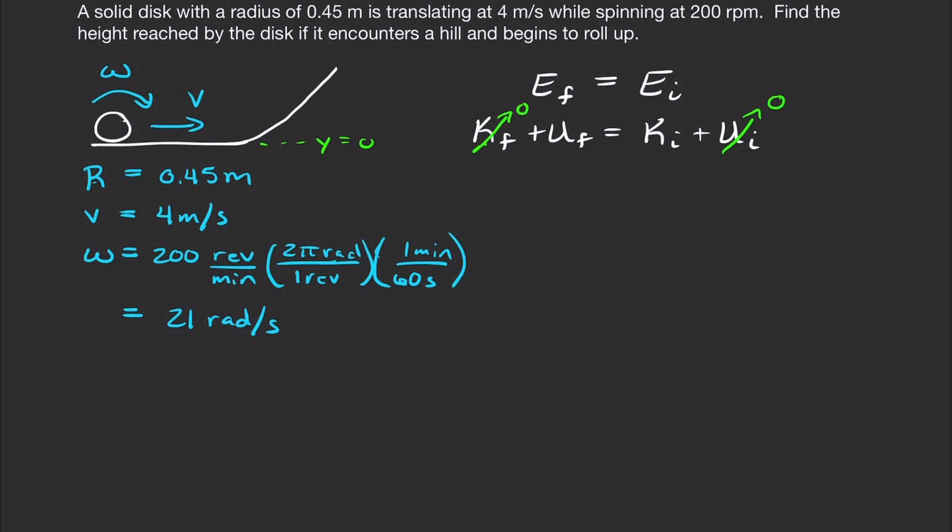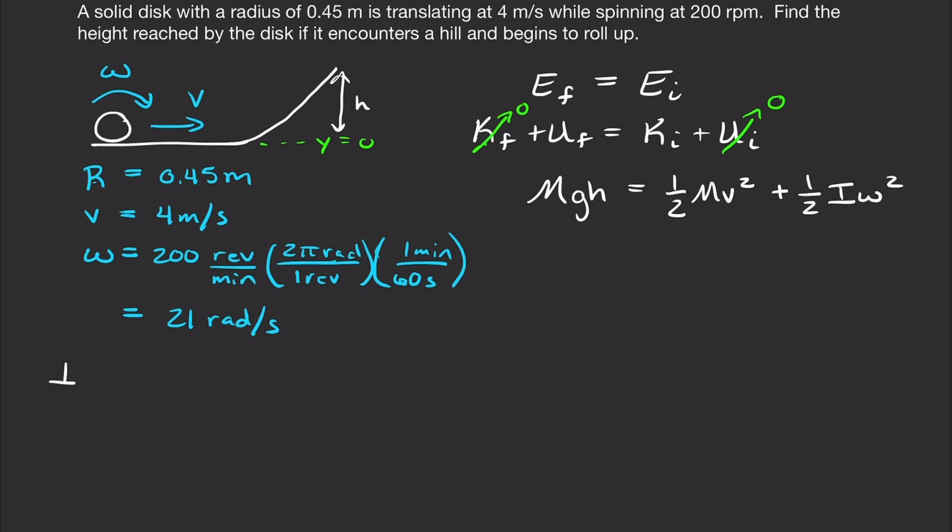So its kinetic energy will be 0. And so we'll have the final potential energy, mgh, where h is just the height that it reaches. And that's going to equal the total kinetic energy it has initially, which is going to be partially translational kinetic energy, 1/2 mv squared, but it's also rotating, so it has 1/2 I omega squared.